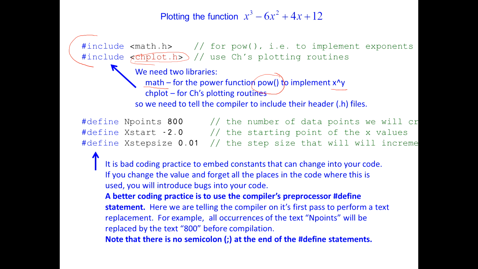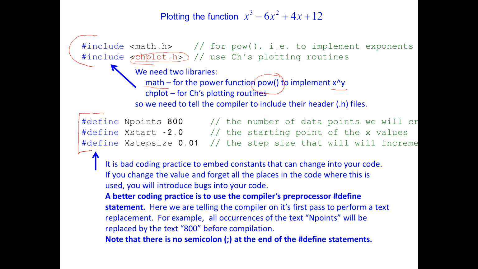The next thing we will use are some define statements. The reason we're going to use these is because, let's say we're going to plot 800 points here. In our code, we don't want to put a bunch of places where we have 800 and then later go, oh, I would really like 1,000 points, and now you have to find all the places in your code where you wrote 800s.